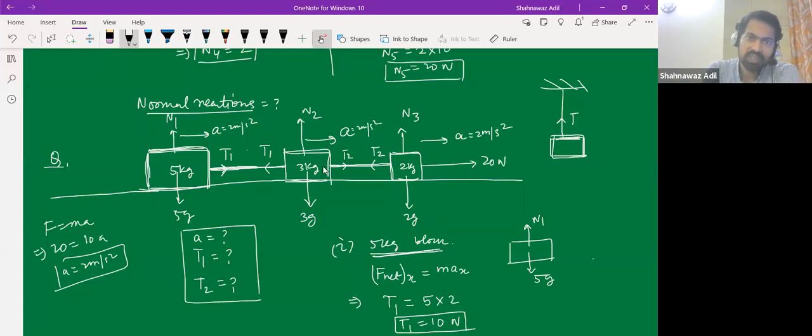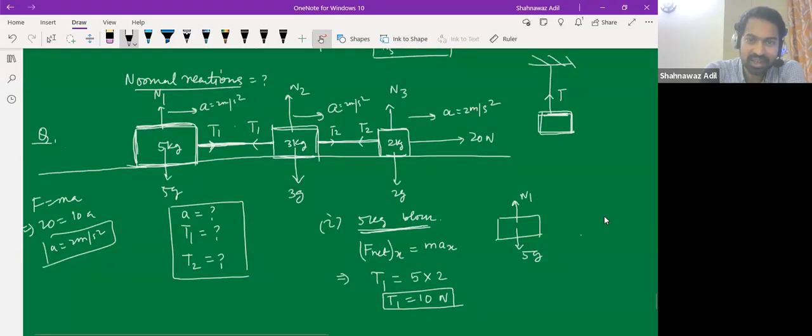So this is what we did in the previous question. The previous question was about normal reaction; this is about tension, right? Yes, sir. Understood.